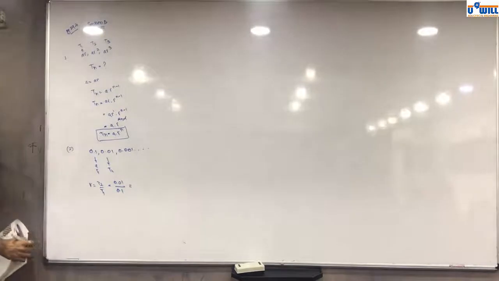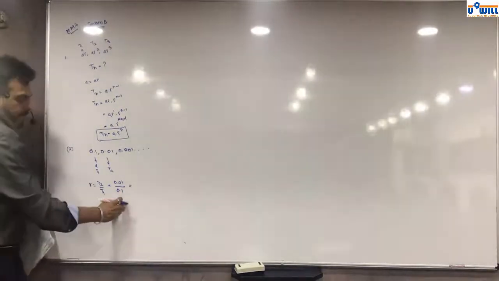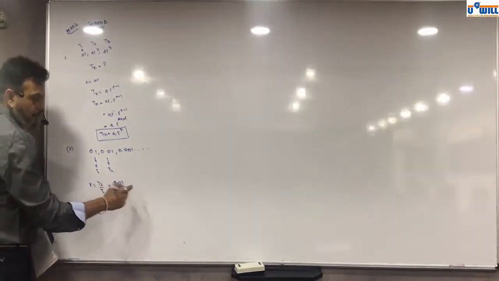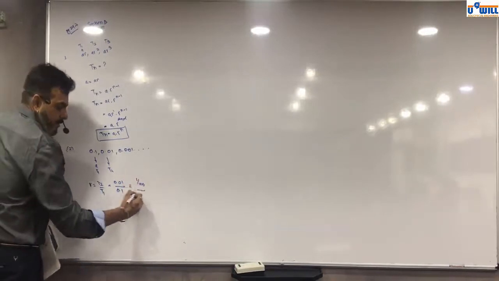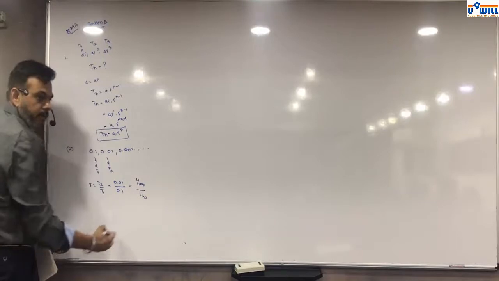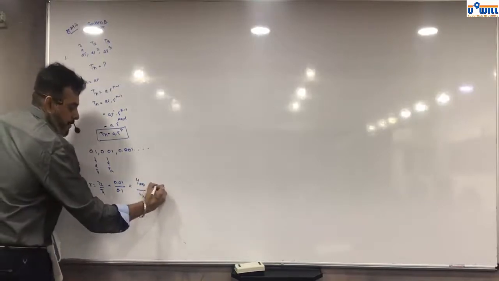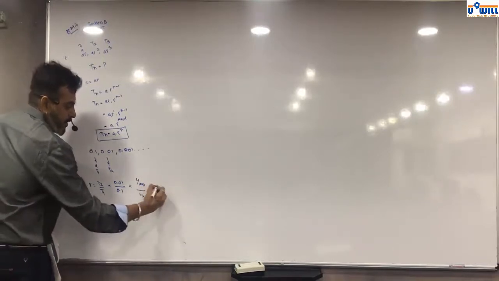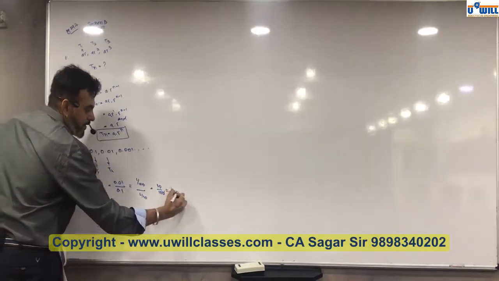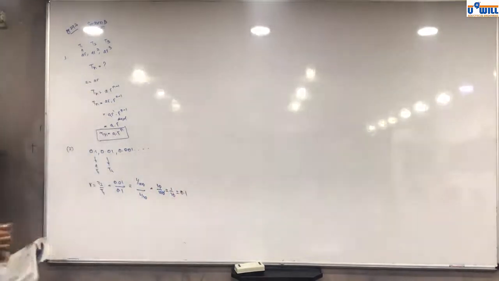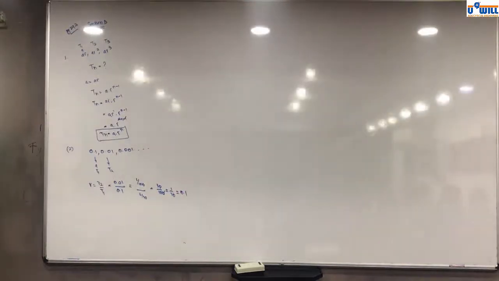If you are confused, do it like this: 0.01 is 1 upon 100, and 0.1 is 1 upon 10. Now this 100 will come down, 10 will come up, so it will be 10 by 100, which is equal to 1 by 10, which is equal to 0.1. Understood this? You can even do it on your calculator.